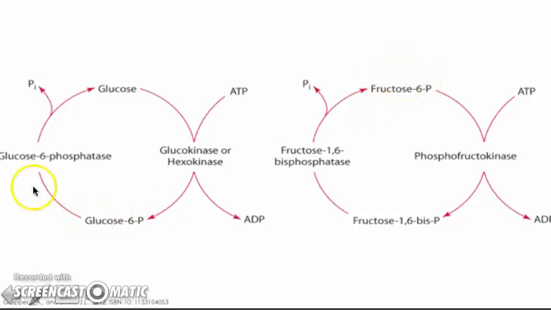The second specific phosphatase enzyme is glucose 6-phosphatase, removing a phosphate group from glucose 6-phosphate, converting it to glucose. Therefore, you can see how these specific phosphatase enzymes aid in bypassing steps 1 and 3 of glycolysis during gluconeogenesis.